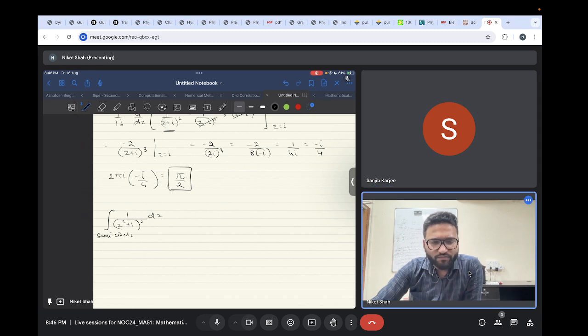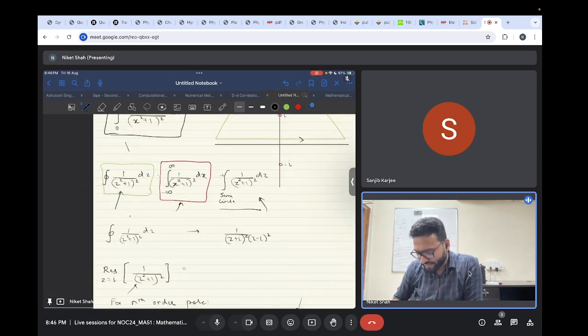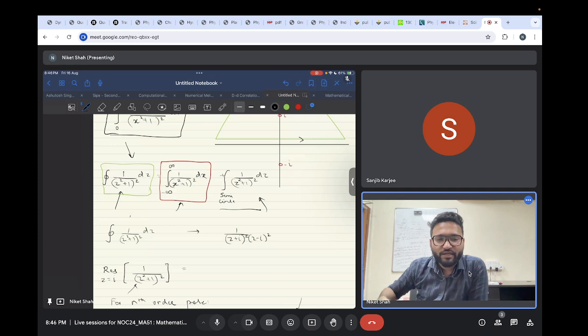No, there is no. So the value pi by 2 we've gotten for this left hand side. If you can see here, this is the cyclic integral 1 upon z square plus 1 the whole square dz. This is some integral that we have found out. What I want is the one marked in red, minus infinity to infinity 1 upon x square plus 1 the whole square dx.